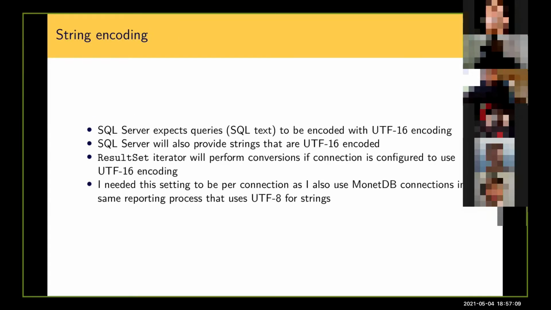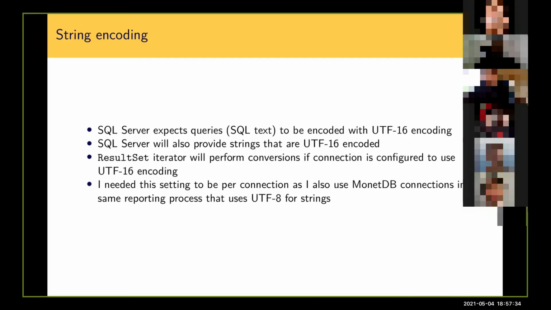And a little note on this encoding. With SQL Server, both the text of the SQL and the responses, the varchar or wvarchar, whatever you have there, would be UTF-16 encoded, which means they use 2 bytes instead of 1 for every character.